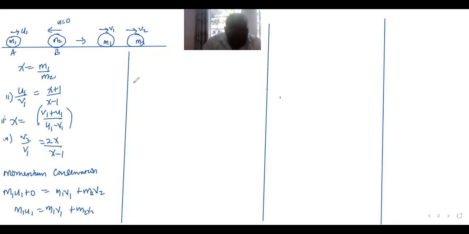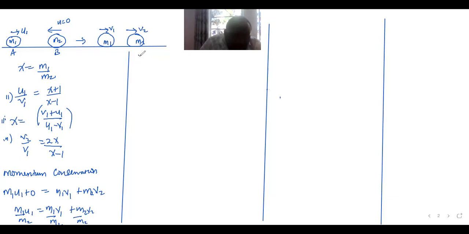Having seen that momentum equation, you can divide everything by M2, according to what the question predicts.